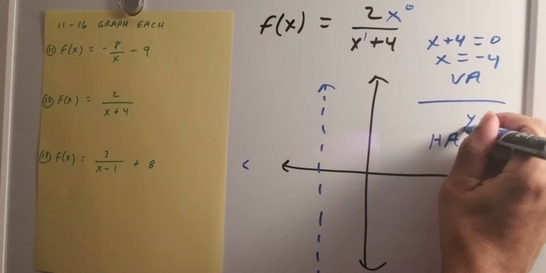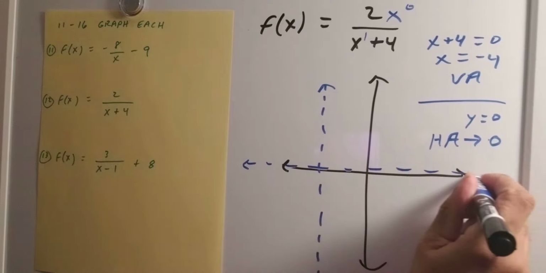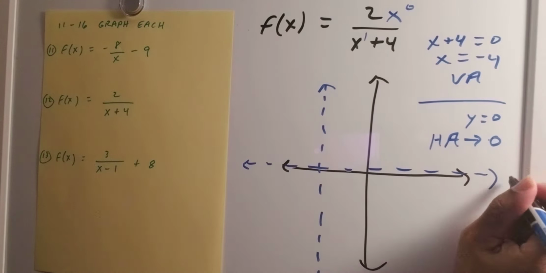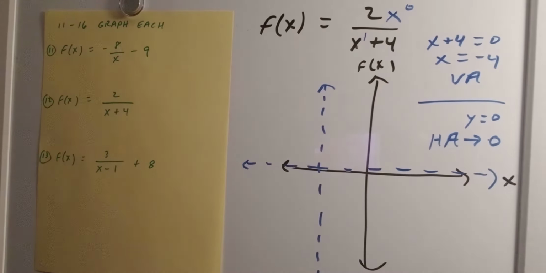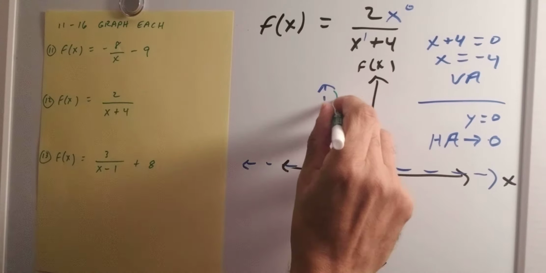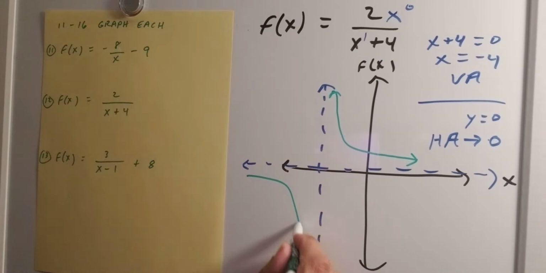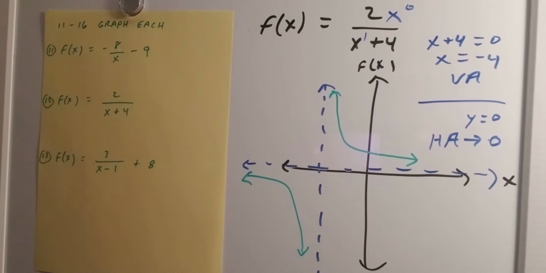That will be y equals 0. That one's going through the x-axis. And we're going to have a factor of 2. Let's just bring it out a little bit away. First and third quadrants, we'll graph this, and that gives you a sketch.